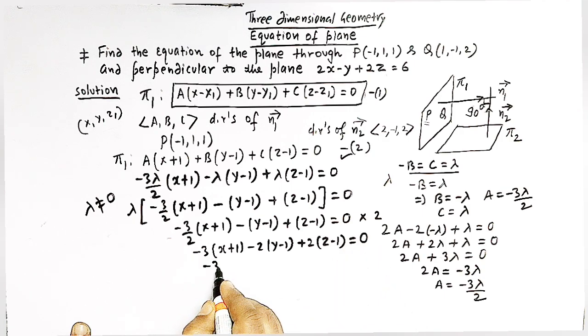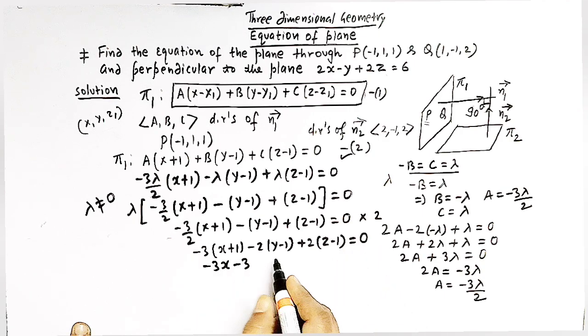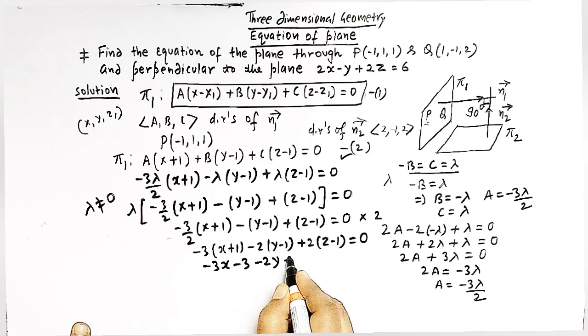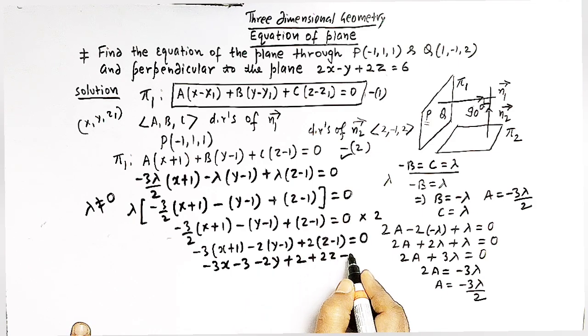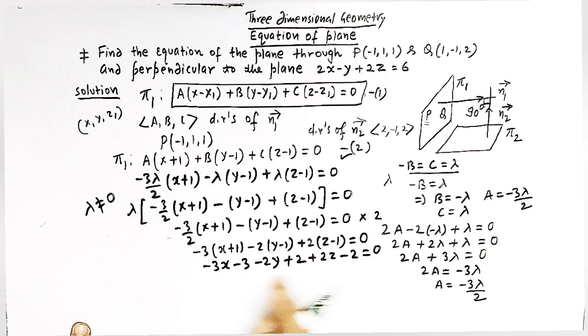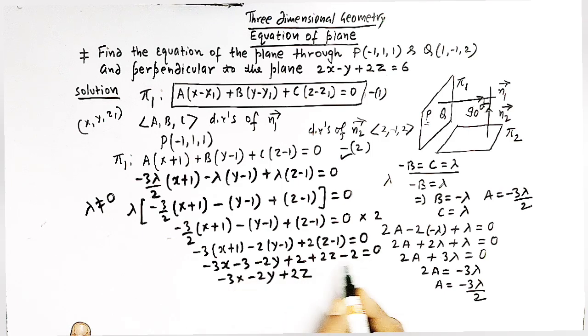So now we have minus 3x minus 3 minus 2y plus 2, and then we have 2z minus 2 is equal to 0. So let us simplify. So we have minus 3x minus 2y, and then we have 2z, and here we have this 2 and this 2 get cancelled, and we have minus 3 is equal to 0.